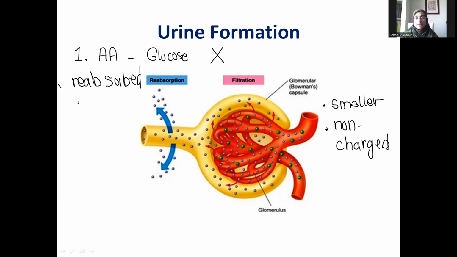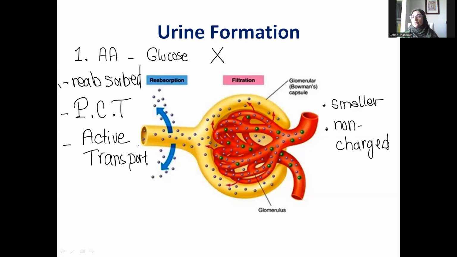Where are they 100% reabsorbed? They are 100% reabsorbed in the proximal convoluted tubule. How are they reabsorbed in the proximal convoluted tubule? They are reabsorbed by active transport. Although in other areas of the human body they might be passed across the membrane by facilitated diffusion using carriers, yet in the PCT they are actively transported from the lumen to the blood against concentration gradient using energy.